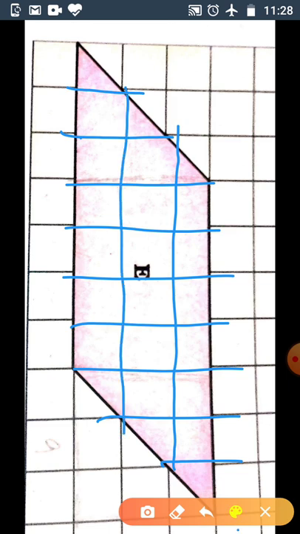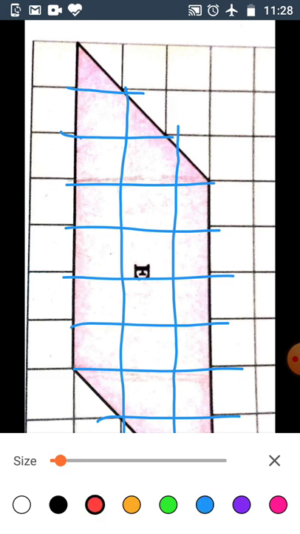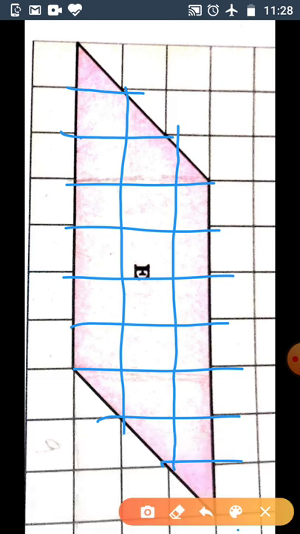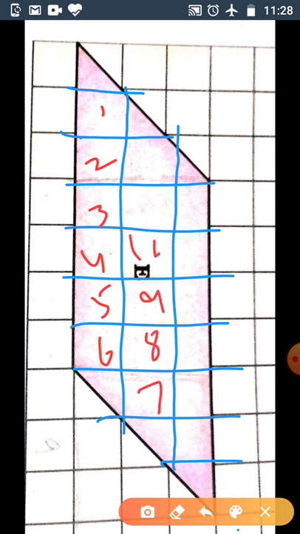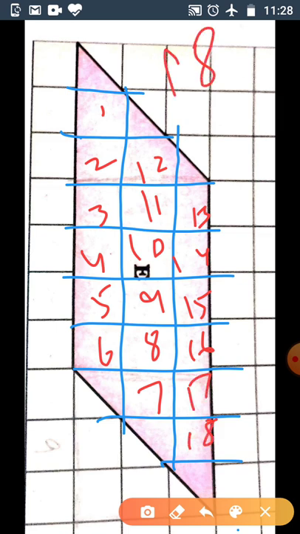Now you calculate the number of complete squares. So let us calculate 1, 2, 3, 4, 5, 6, 7, 8, 9, 10, 11, 12, 13, 14, 15, 16, 17 and 18. 18 complete squares are there.